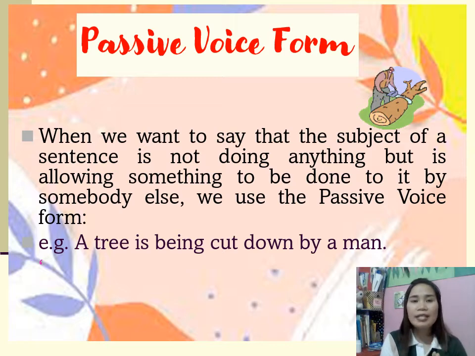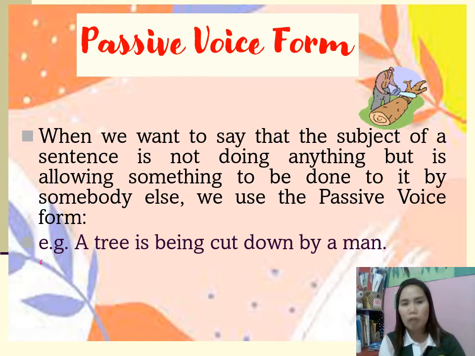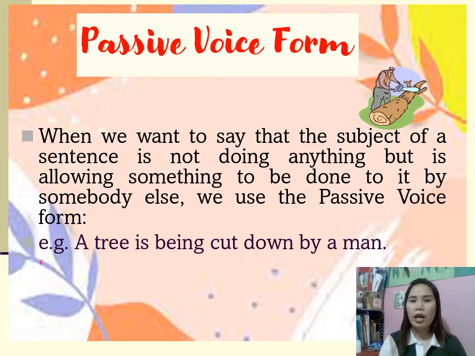The tree is not the one cutting a man. A tree is only a receiver of an action, being cut down. And the doer of the action is still the man. All right? Okay.